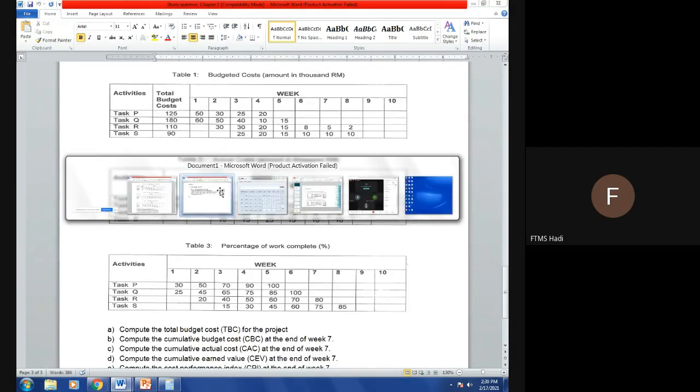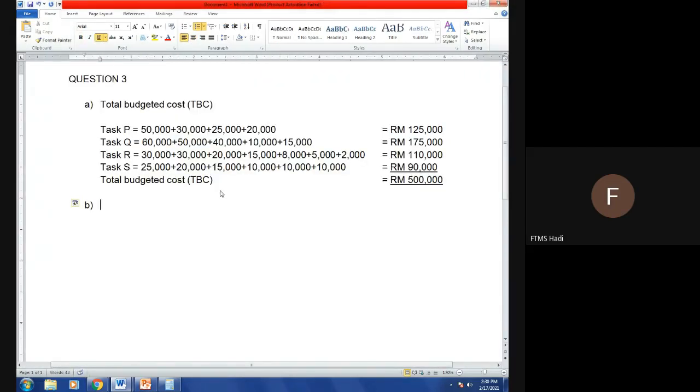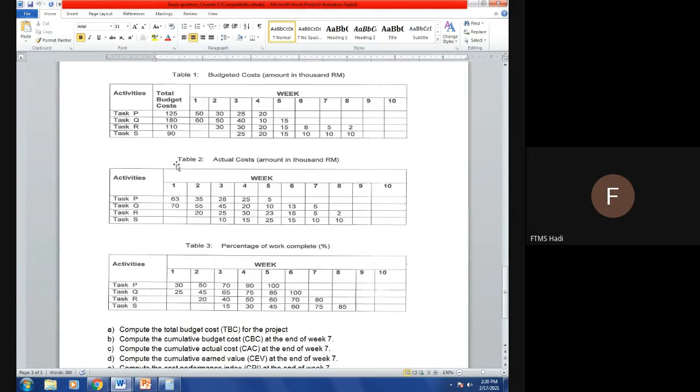Cumulative P plus Q plus R plus S. I just do the shortcut for task P because task P is already calculated here, so you don't have to worry about that.